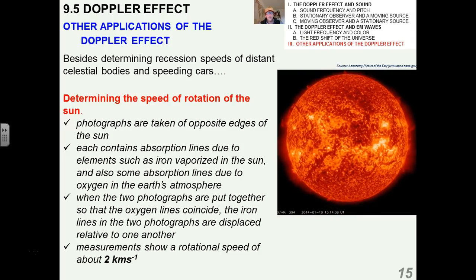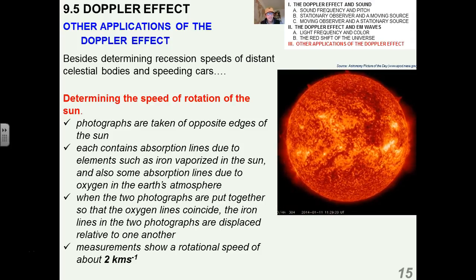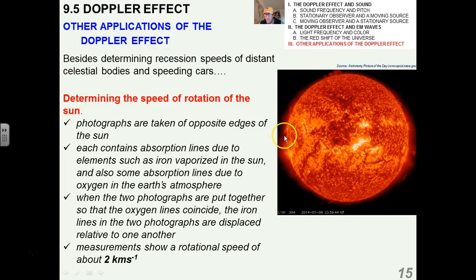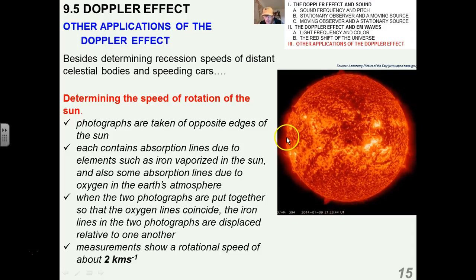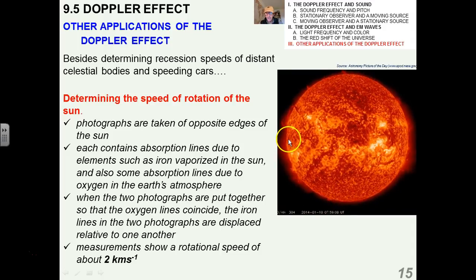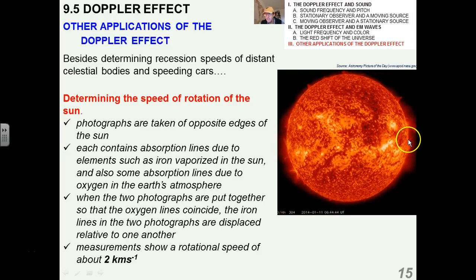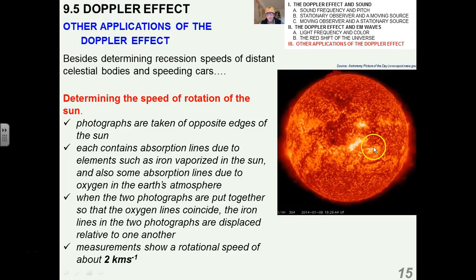Okay, when the photographs are put together, the spectral lines in the two photographs are displaced. Okay, so this light coming from this side of the sun has a higher frequency than light on this side of the sun that's going away. And we can figure out that the rotational speed of the sun is about 2 kilometers per second.